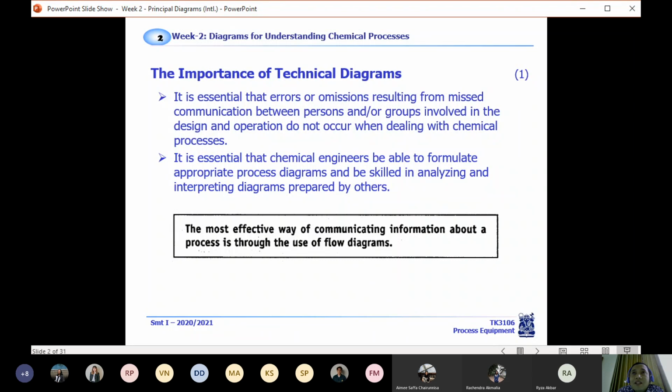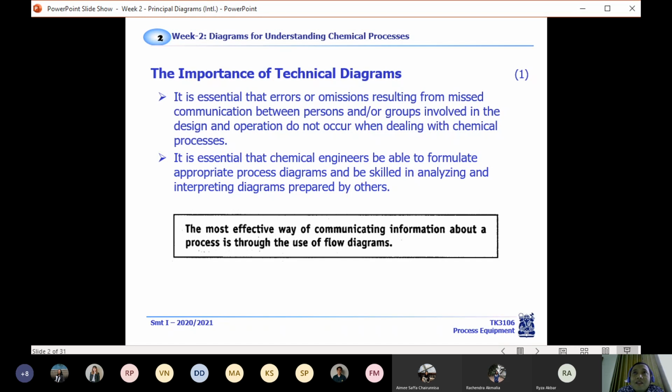For example, a chemical engineer coming from the UK or United States will prefer to discuss in English, and for us coming from Indonesia, our mother language is Indonesian, so we prefer to talk in Bahasa. Sometimes when we talk in English, we try to understand what other engineers are saying, and there is missing understanding, missing in terms of parameters, and other misunderstandings also come when a person is trying to describe the process.